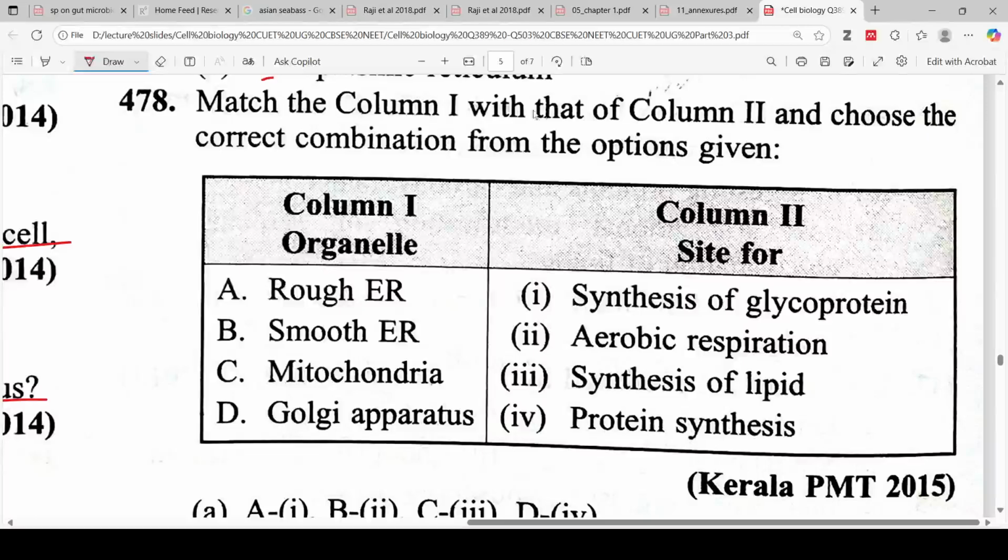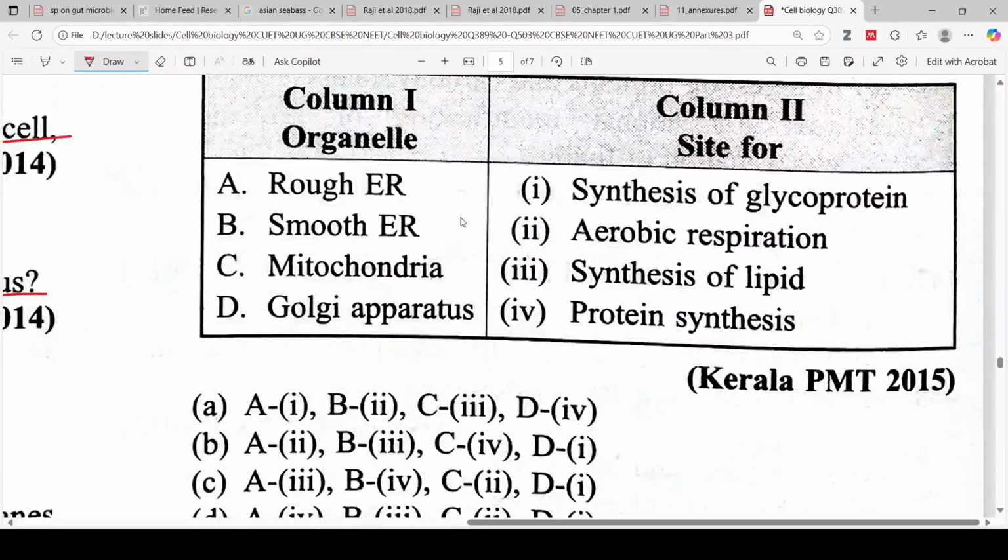Match column A with column B and choose the correct combination of answer. Rough endoplasmic reticulum is associated with synthesis of protein, smooth with synthesis of lipid, mitochondria with aerobic respiration, and Golgi apparatus with synthesis of glycoprotein.